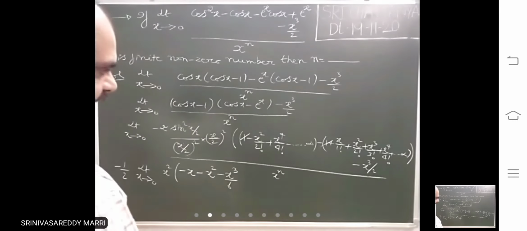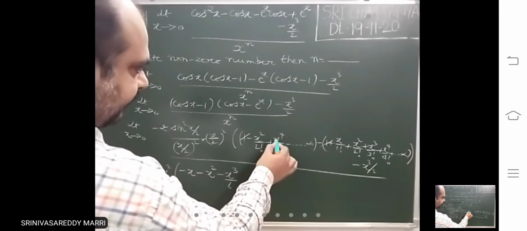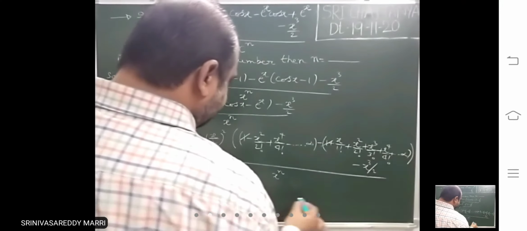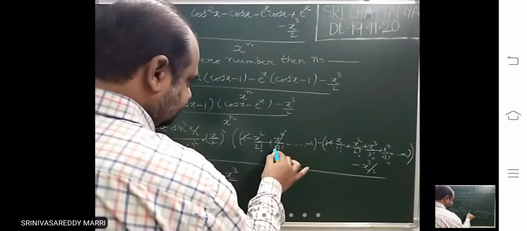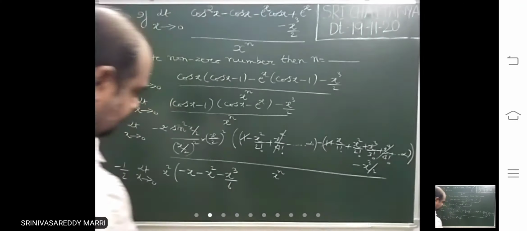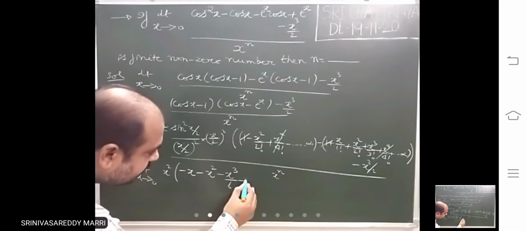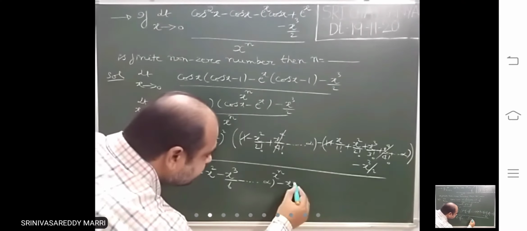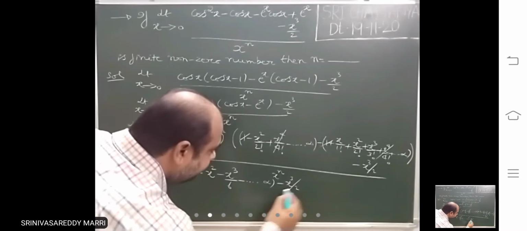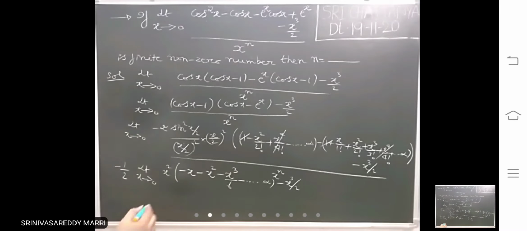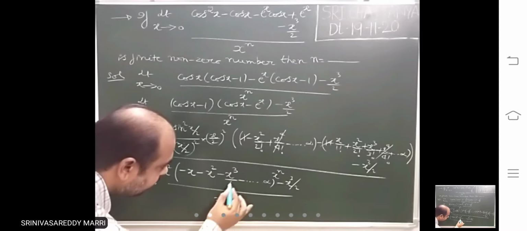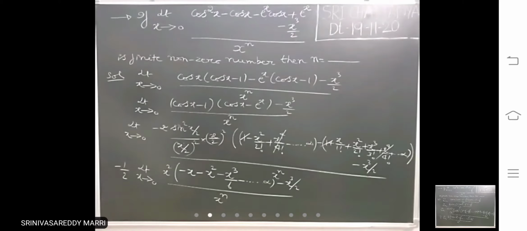X power 4 will get cancelled: x power 4 by 4 factorial here, x power 4 by 4 factorial here. This will get cancelled, right? So this and so on will be there like this, to infinity, minus x cube by 2 divided by x power n. Like this, afterwards you will get higher powers.